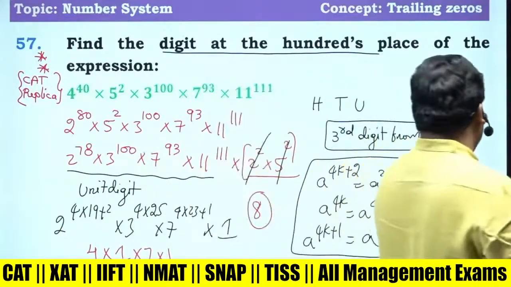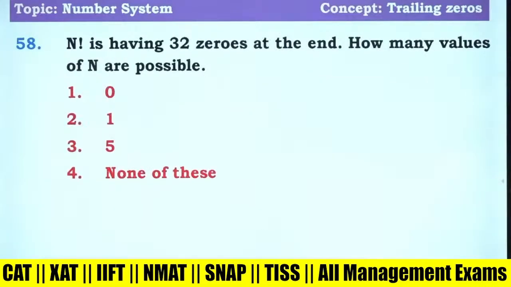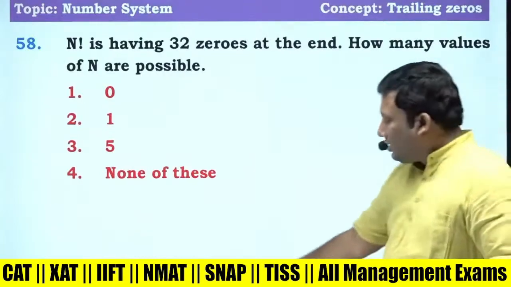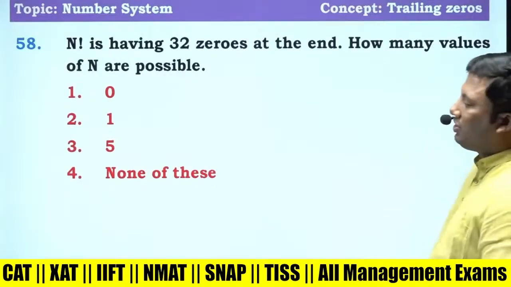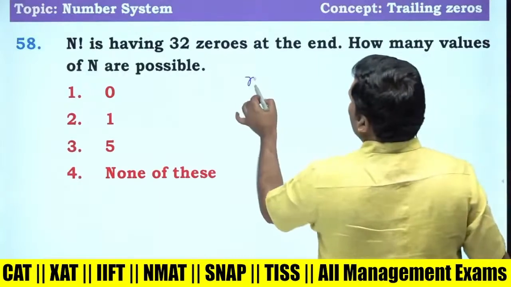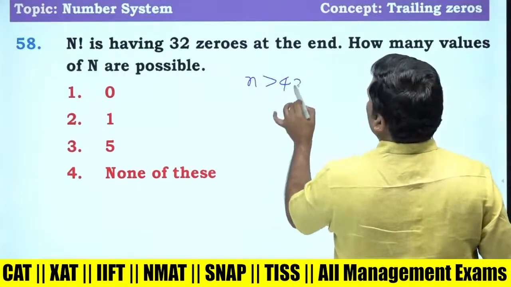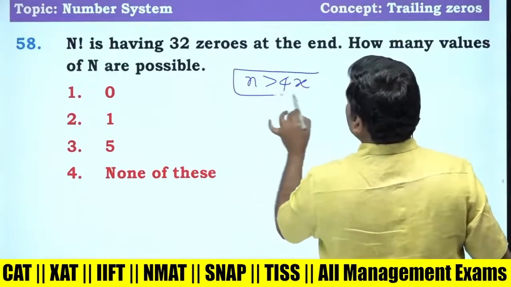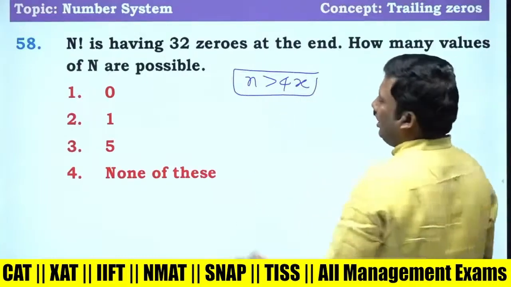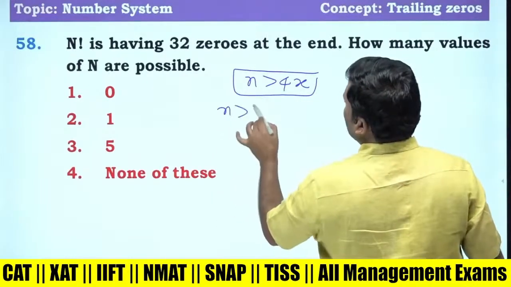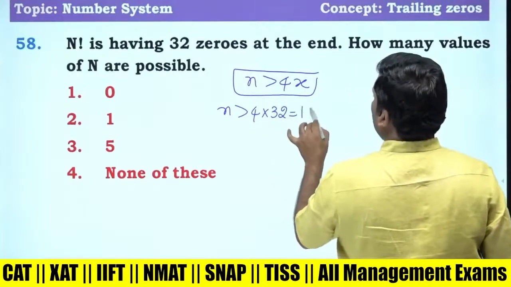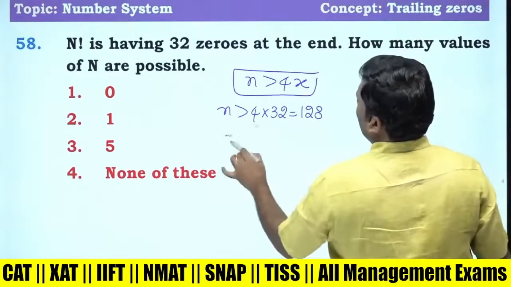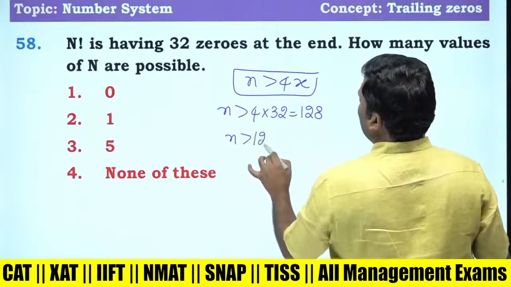Next one, 57th. N factorial has 32 zeros at the end. How many values can n take? What is the concept? N is greater than 4x, where x is the number of zeros at the end. So n is greater than 4 into 32. 4 32s are 128, so n is greater than 128.